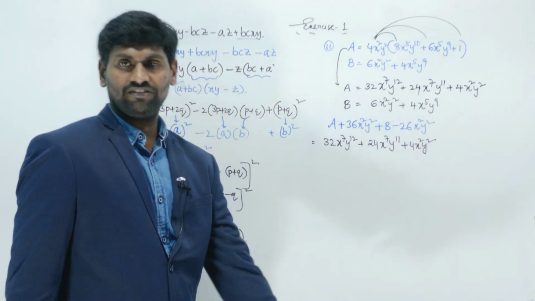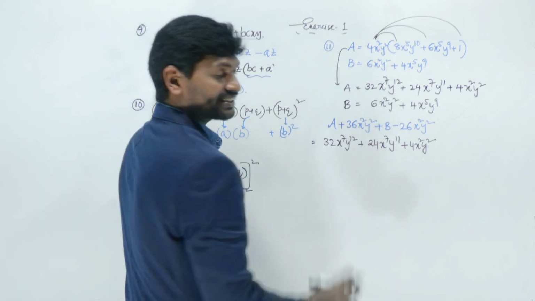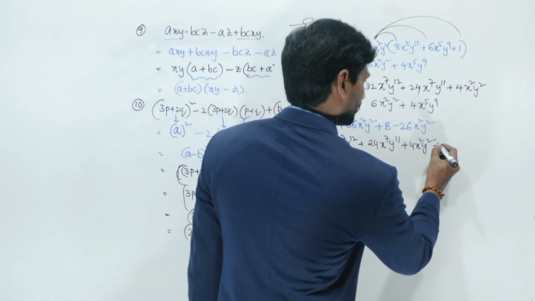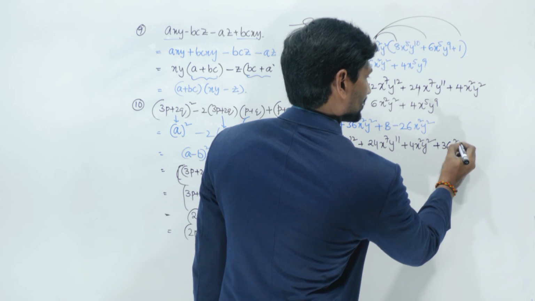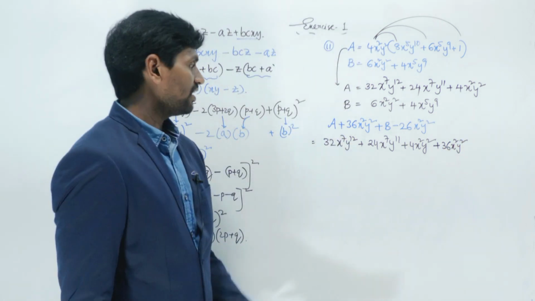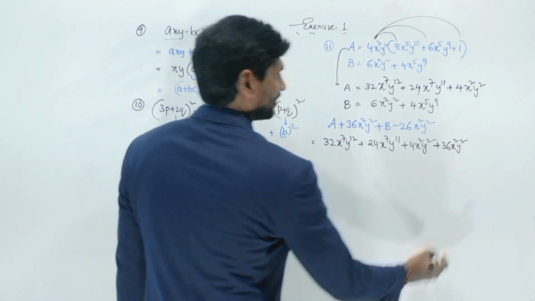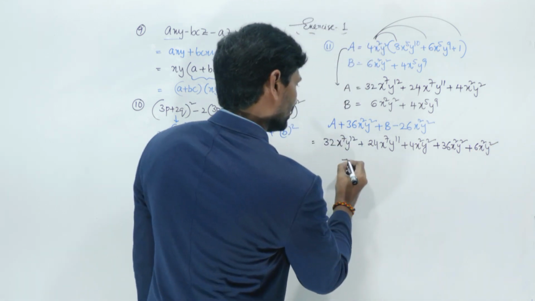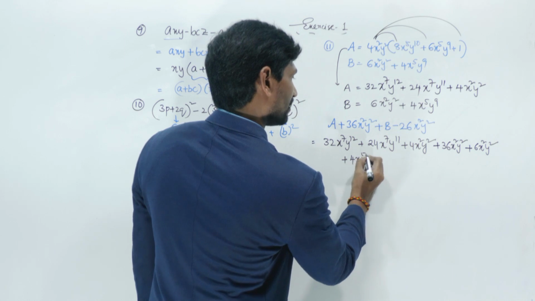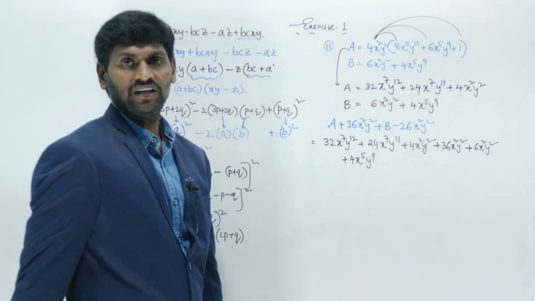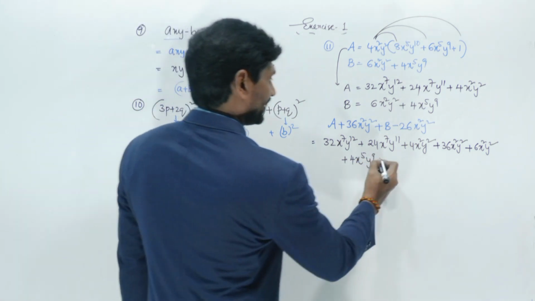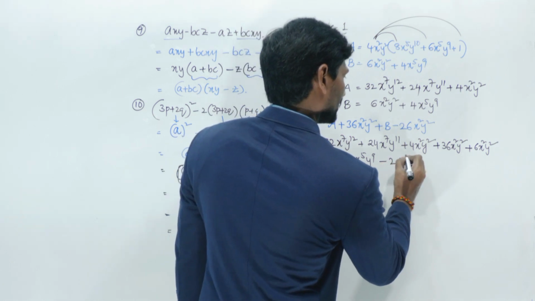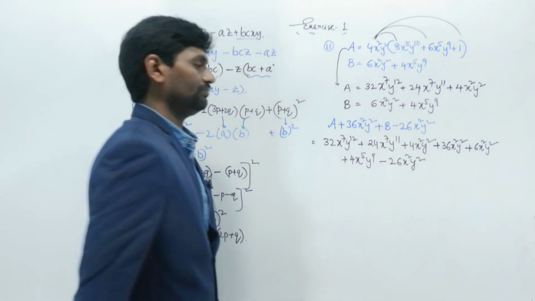That is the complete A value. After the A value, 36x square y square is given. After that comes the B value, 6x square y square plus 4x power 5 y power 9. After writing the B value, minus 26x square y square is given.